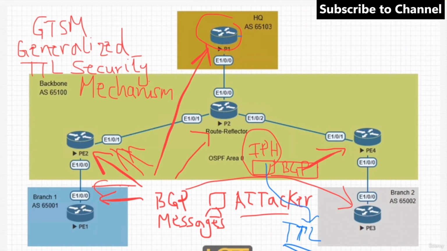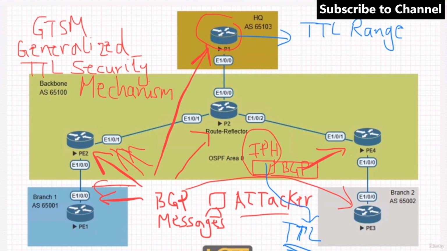In the router, we will configure a TTL range. BGP attackers usually send BGP messages from the internet, and because the BGP messages travel all over the path from the attacker side until the target side, the TTL value of the IP packet is usually a small value.